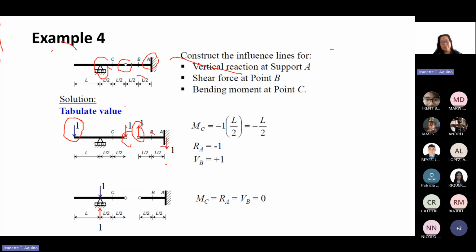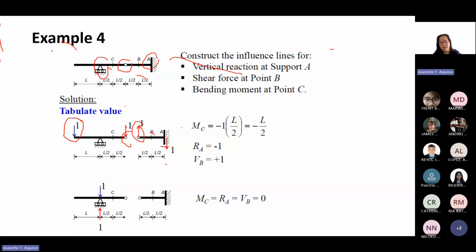So then you can now take the moment at C. This point C. For this one, you only have one force, this force upward.